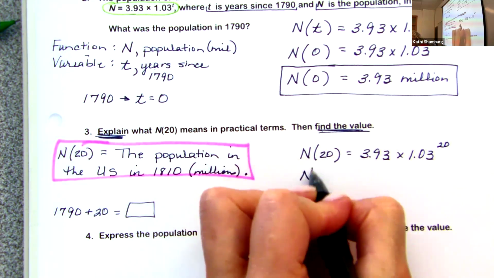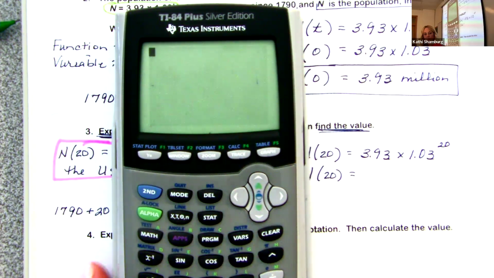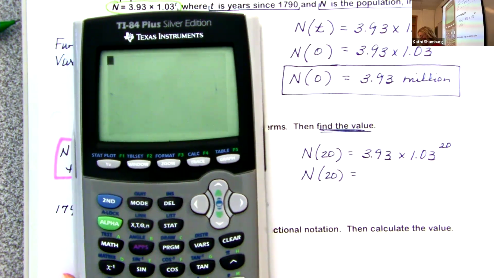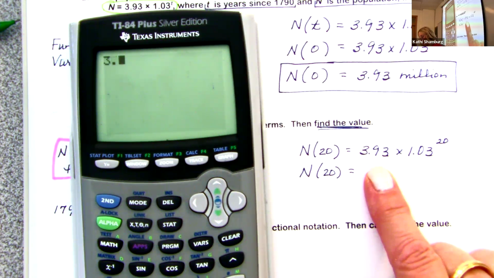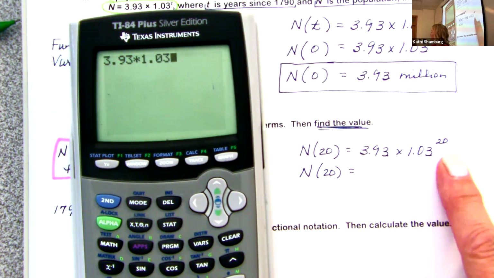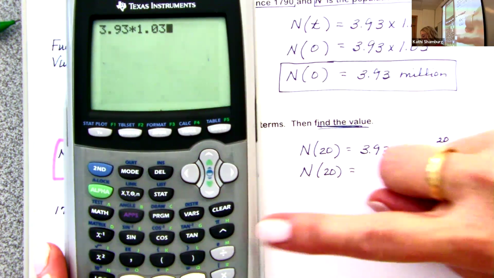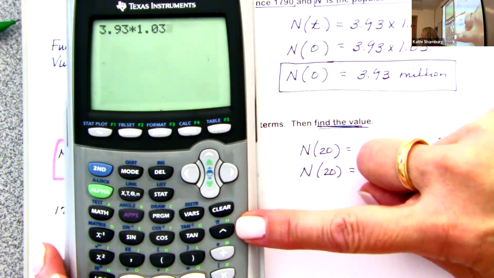If you don't know how to get up to that exponent, let me show you on your calculator. I'm going to put in 3.93 times 1.03, and now I need an exponent of 20. Look under the clear button, there is this up arrow.